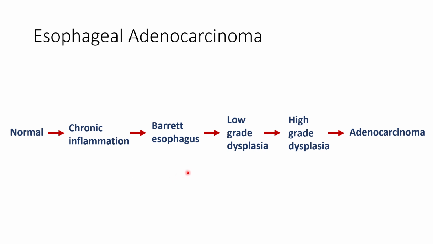With time, with the accumulation of additional genetic mutations and chromosomal abnormalities, this will progress into low-grade dysplasia, which can further progress into high-grade dysplasia. When we are talking about dysplasia, we are talking about in situ lesions. If this lesion further accumulates genetic abnormalities, it may progress into invasive adenocarcinoma.